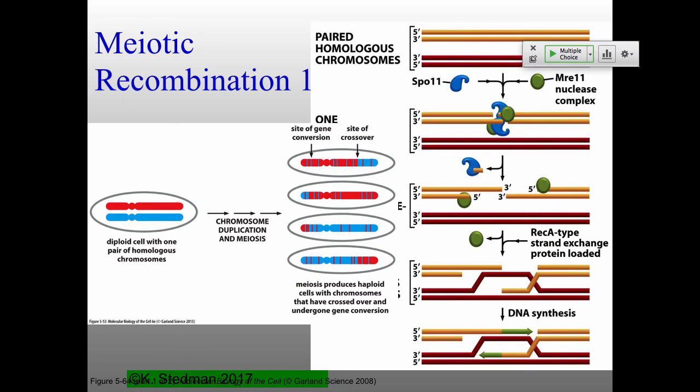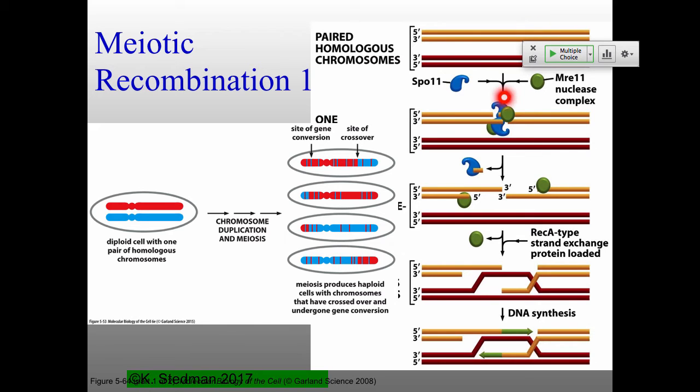As I mentioned before, it's not just when you have a double-stranded break that happens through some kind of DNA damage. It turns out that meiosis probably requires this homologous recombination, so lining up the two sister chromatids with each other.